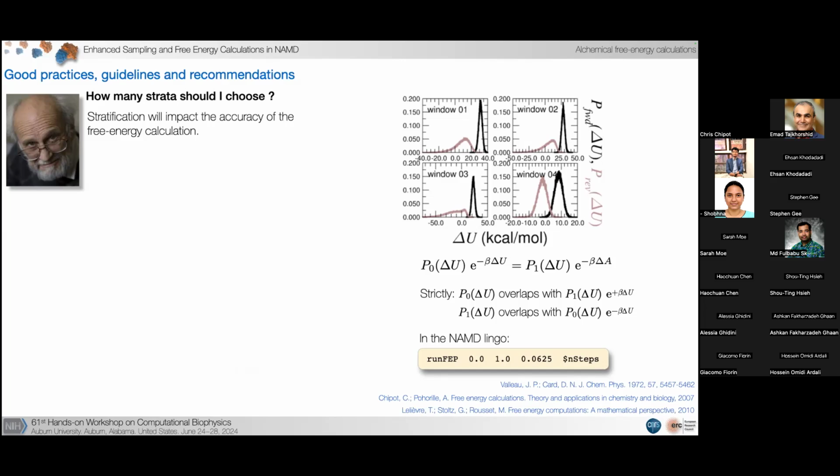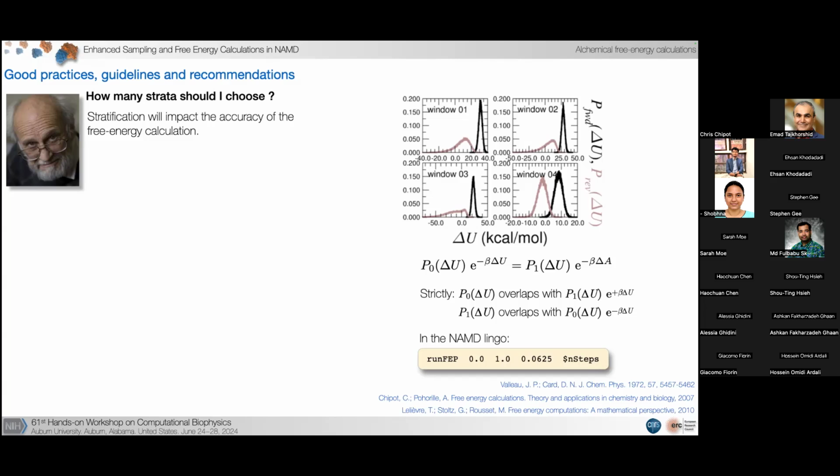If I don't, there's something wrong. It also means, as a corollary, that I should have a nice overlap of the distributions that I'm sampling. So my P0 and my P1 should nicely overlap, because I have sampled the same ensemble of configurations.